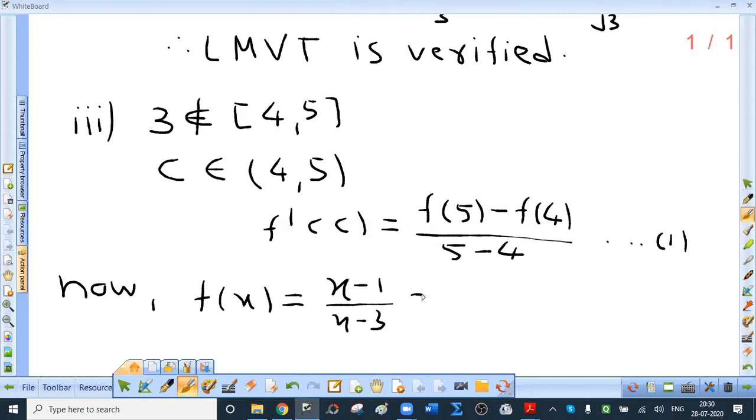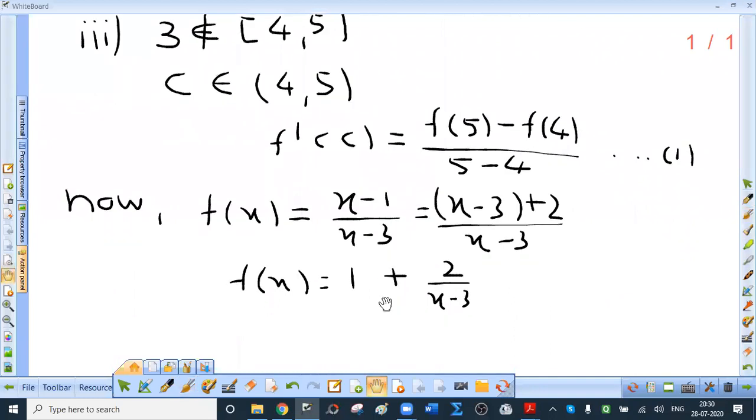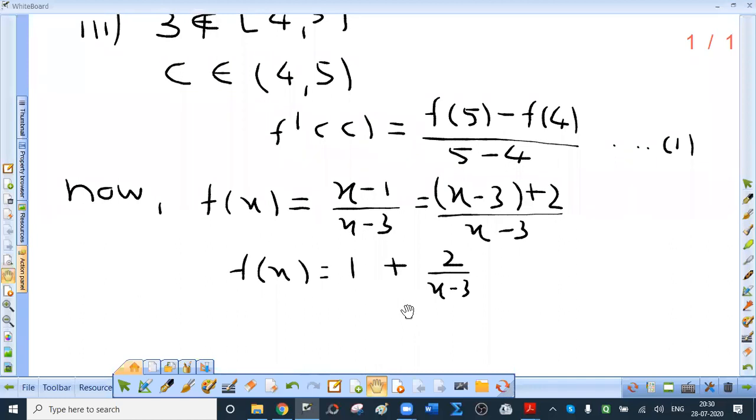One method is just go for differentiation using quotient rule, or can I say x minus 1 is x minus 3 plus 2 upon x minus 3. Yes, I have written the same in required form. Okay, so f of x is nothing but if you split numerator, then 1 plus 2 upon x minus 3. Okay, now I will find values of the function as well as f dash of x from this.